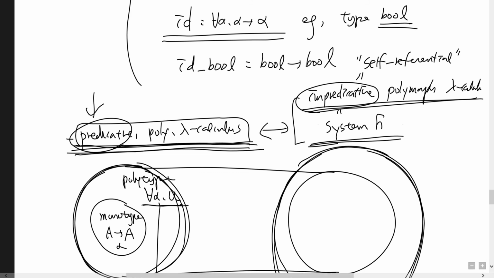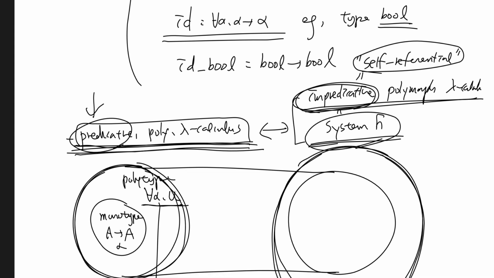So you can equate impredicative to self-referential. In system F, type applications can be self-referential. A type variable can range over polymorphic types, but that's not permitted in this language. So this language is called, instead of impredicative, predicative polymorphic lambda calculus.